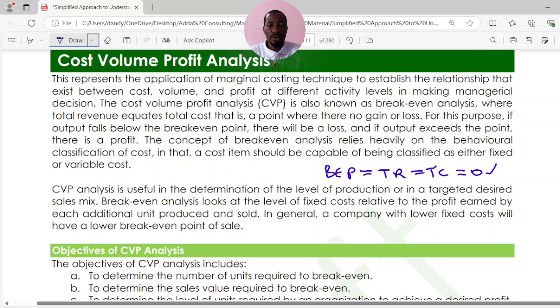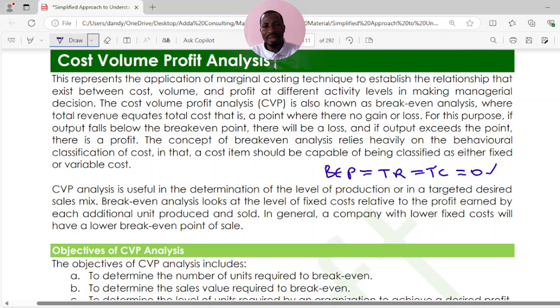However, how do you calculate and determine the break-even? All of that will be included in the business plan. Whether it's a manufacturing company or a service company, you can determine the break-even point for whatever the entity. So that is basically what break-even analysis is all about.